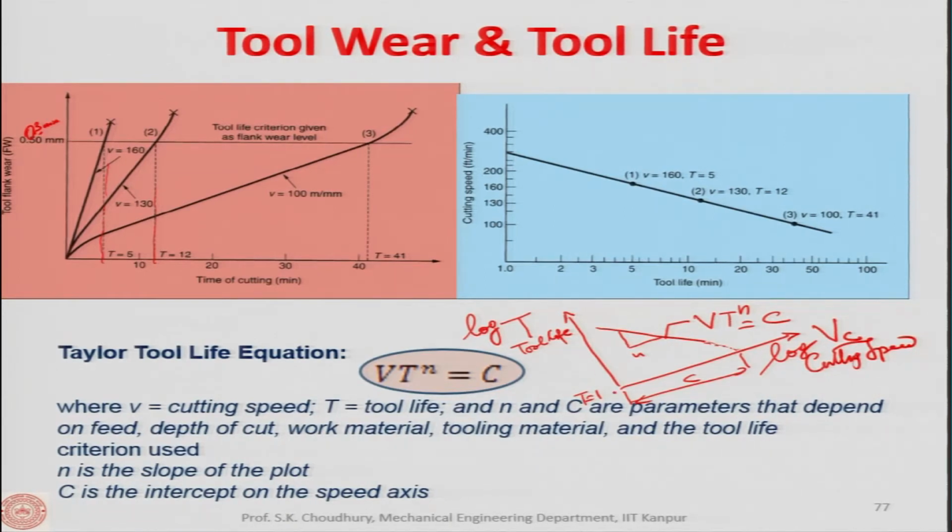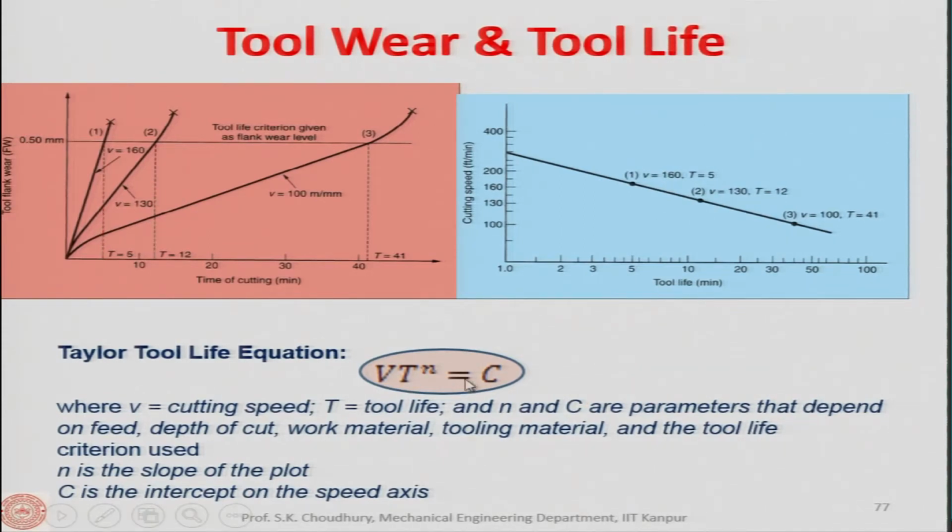So log t is 0, and if we put t equal to 1, then V is equal to C. This intercept is the C, and the slope of this line will represent the n. C and n are constants.